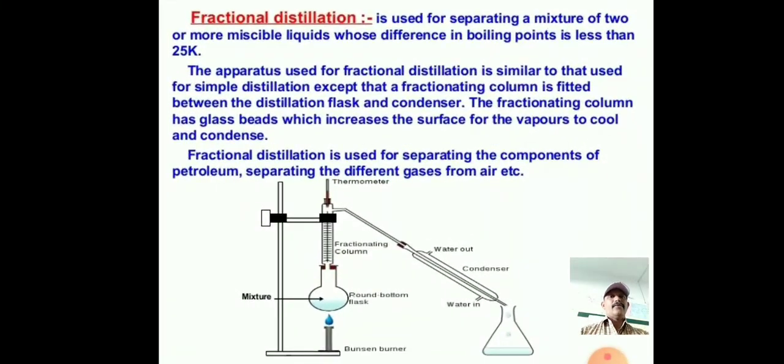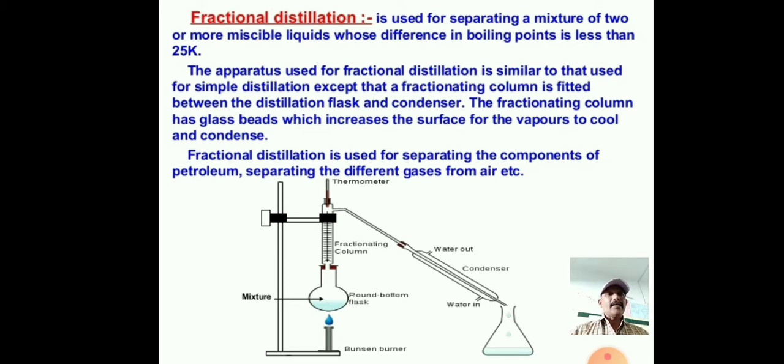The apparatus used for fractional distillation is similar to that used for simple distillation, except that a fractionating column is fitted between the distillation flask and the condenser. So, instead of this place we are using the fractionating column.